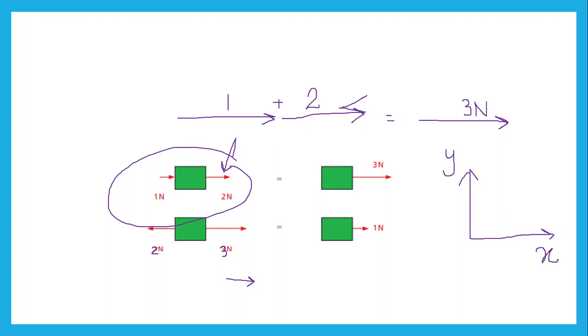Now we do know from our basic knowledge that upward pointing means positive y and rightwards pointing means positive x, right? And in this case, all of the arrows are in the x direction, so we are not going to be thinking about the y factor. We're just going to think about the x direction.